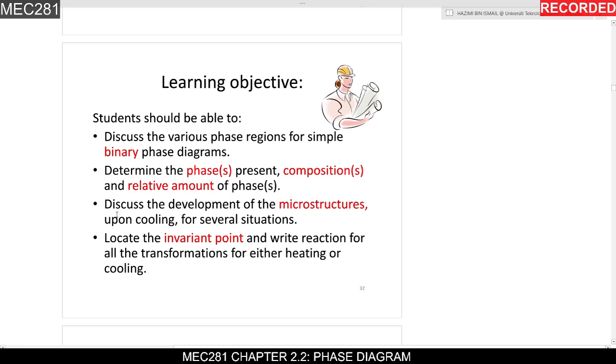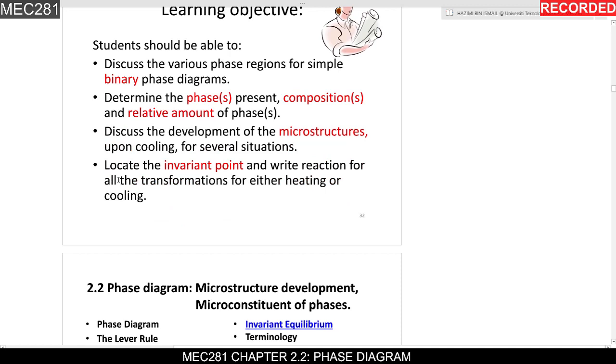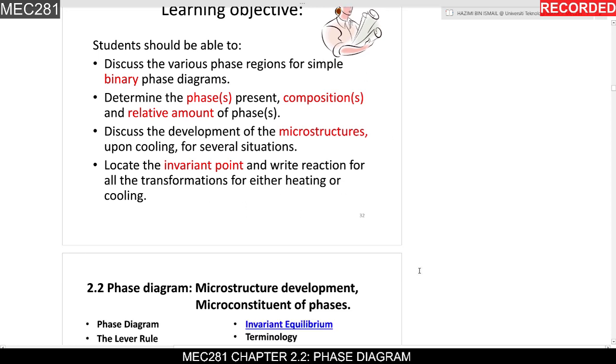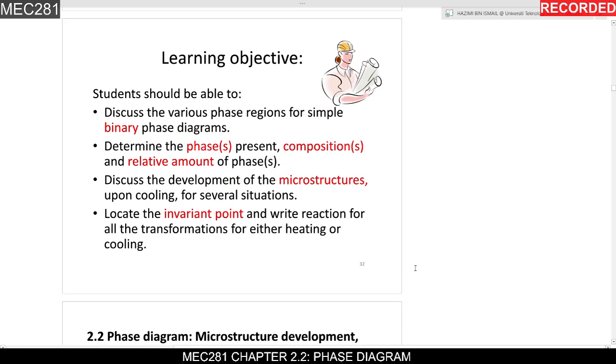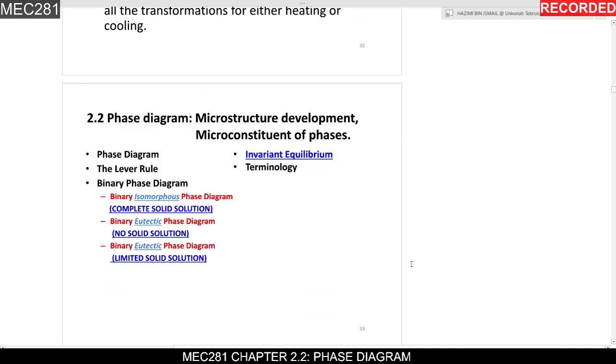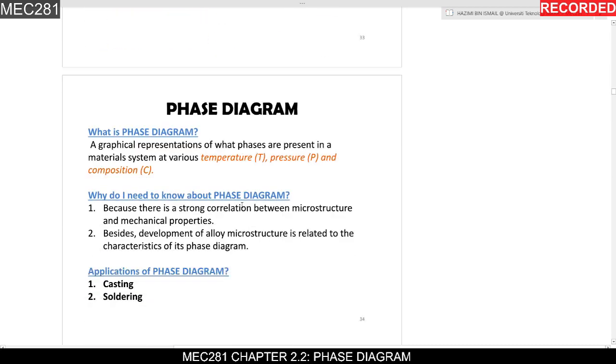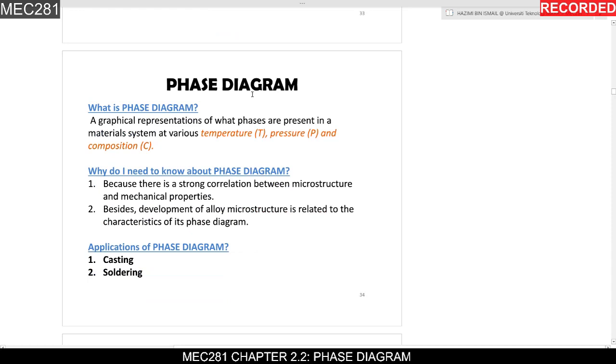And also you have to discuss the development of the microstructures upon cooling for several situations, and to locate the invariant point and write the reaction for all the transformations for either heating or cooling. Okay, sounds complicated, but don't worry, we are going to understand along this video. Okay, so let's go to the first slide about the phase diagram.